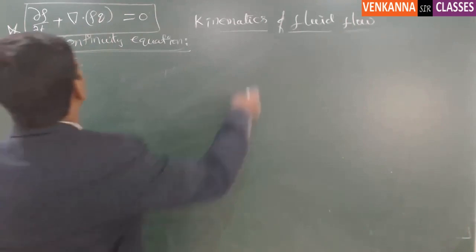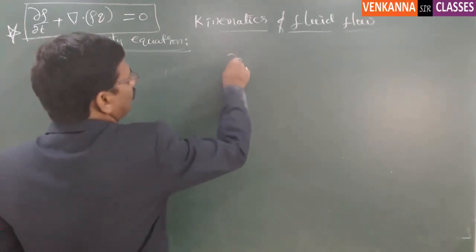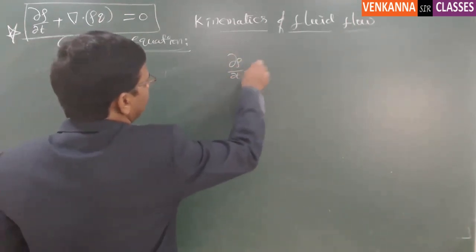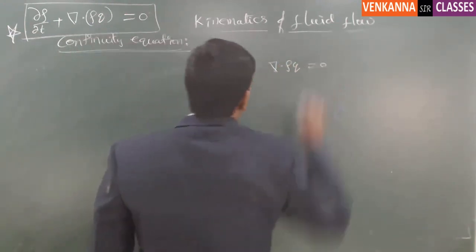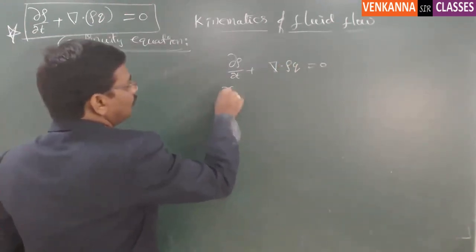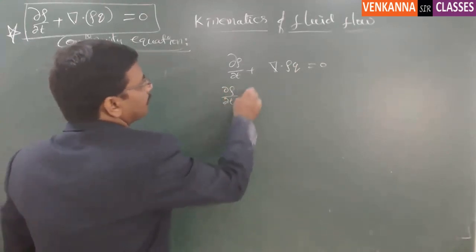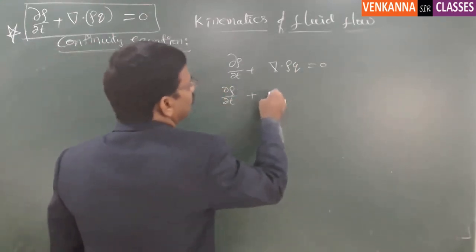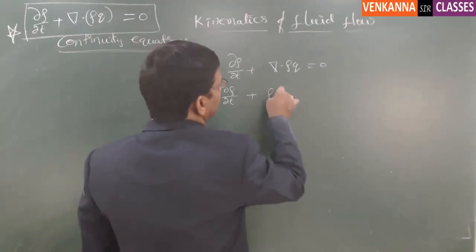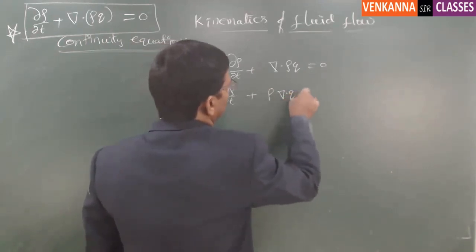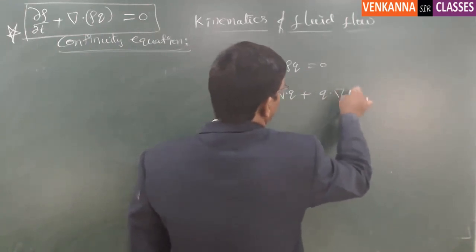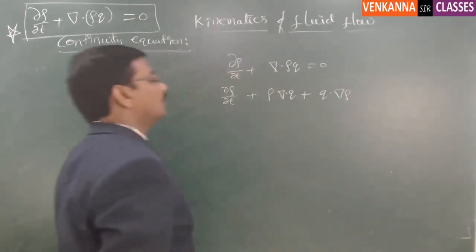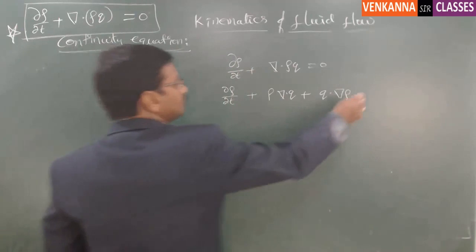Now, if we expand further, dou rho by dou t plus del dot rho q equal to 0, or this is dou rho by dou t plus rho into del dot q plus q dot del rho, equal to 0.